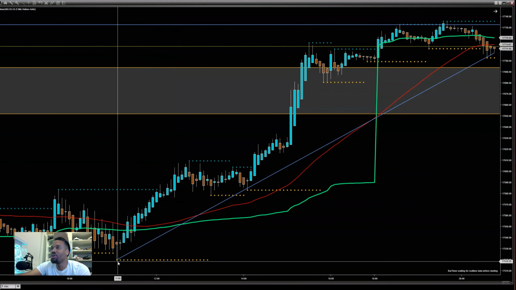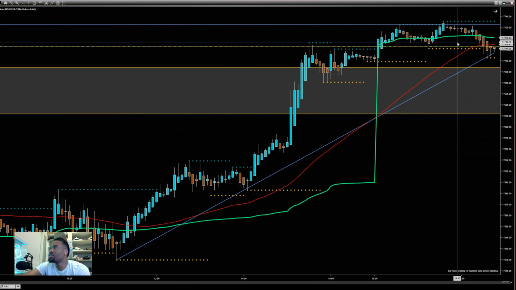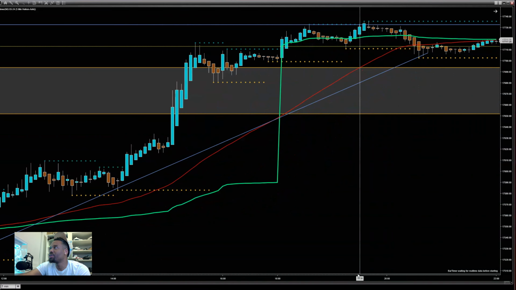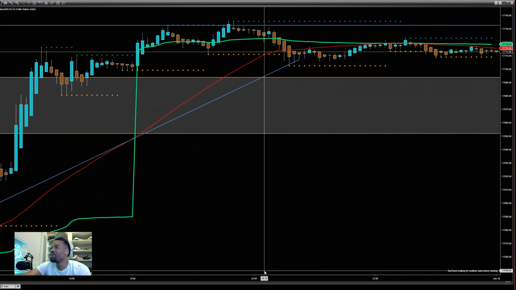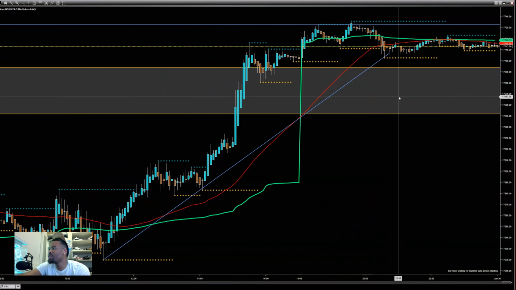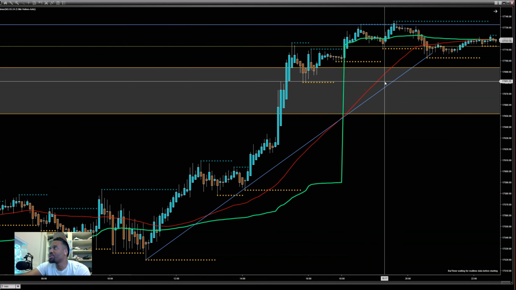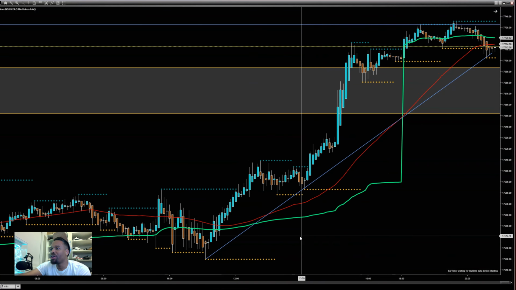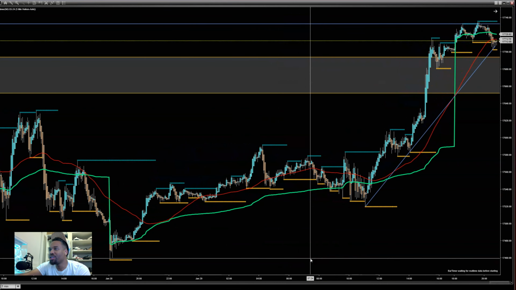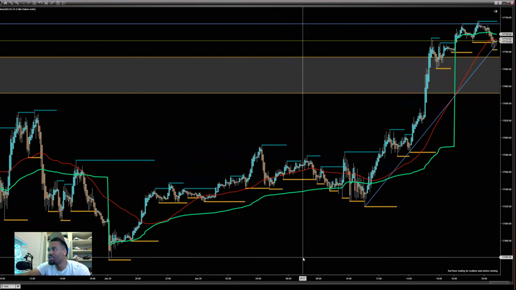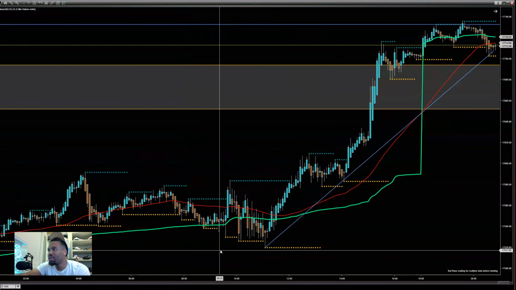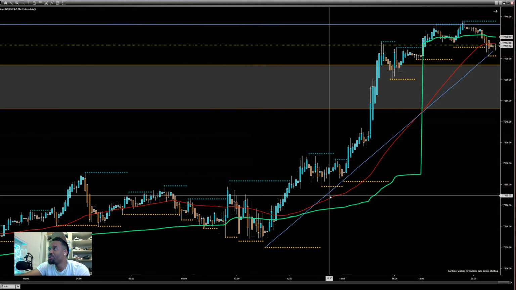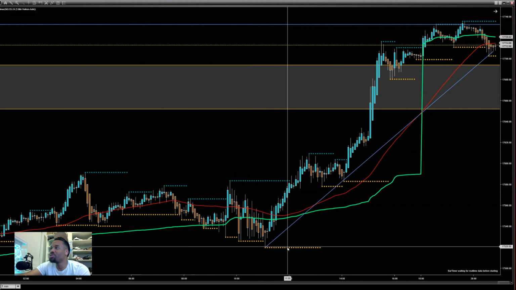So we have one touch, two, three, four, five touches right there. This is towards the end of the day where it's going to chop around and you don't have much volume. If we include just the open, that's around here because this is the 5 minute time frame. So we know that we are in an uptrend.